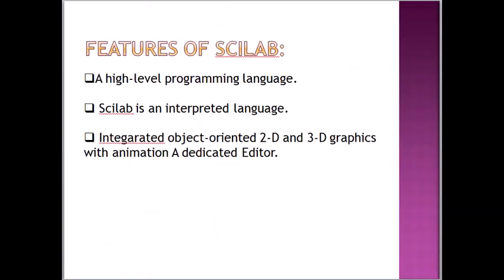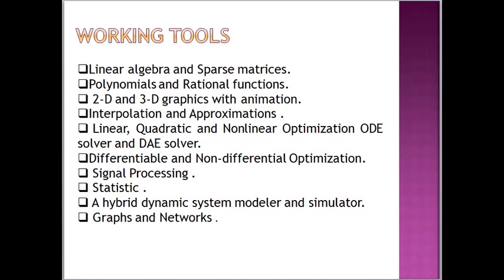The features of Scilab: a high-level programming language, Scilab is an interpreted language, integrated object-oriented 2D and 3D graphics with animation, and a dedicated editor is also included in this software. And what are the working tools?